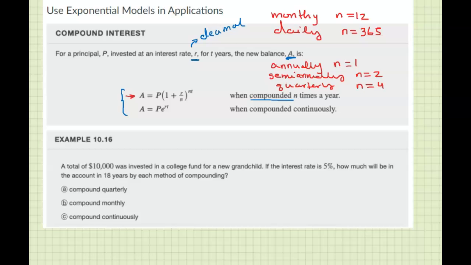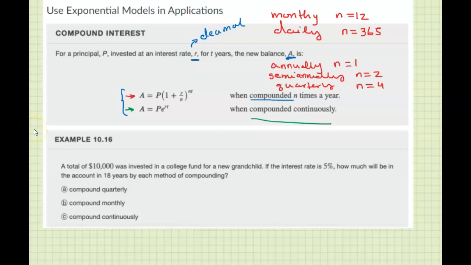This other formula is applied if the interest is compounded continuously. So it's not every day or month or year, it's every instant. This one uses the natural base e, and most things in practice are compounded continuously, just because the formula is easier to use. It's a bit less complex.